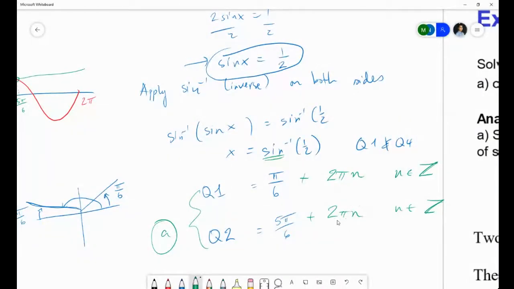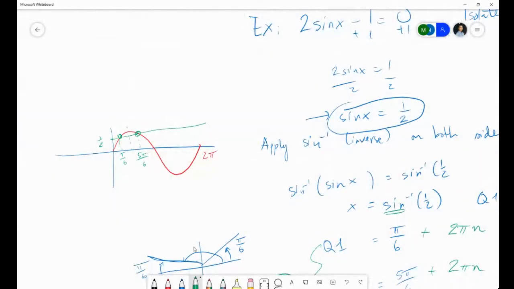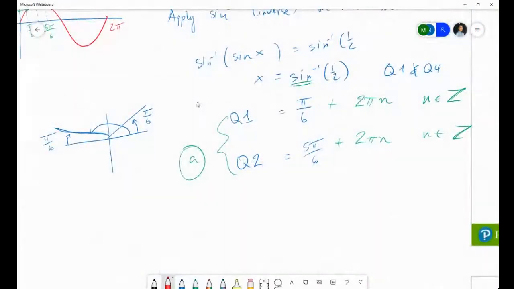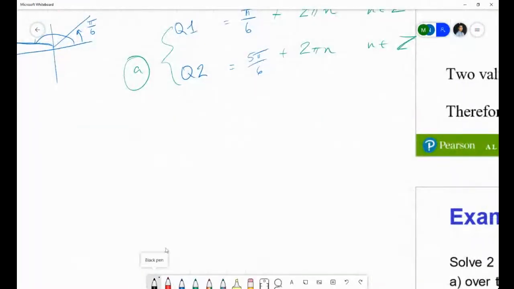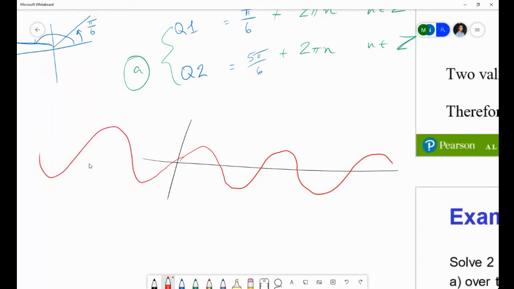The 2 pi times n part comes into play when we're talking about cycles beyond the first cycle here. So let's draw it down here. Okay, so we know the graph of sine looks something like this.